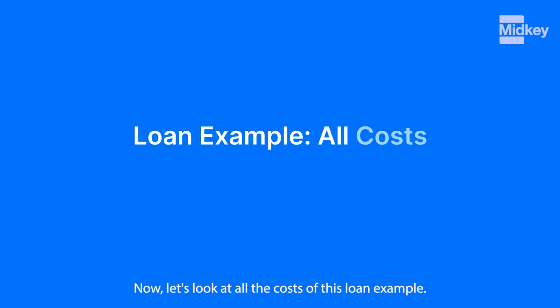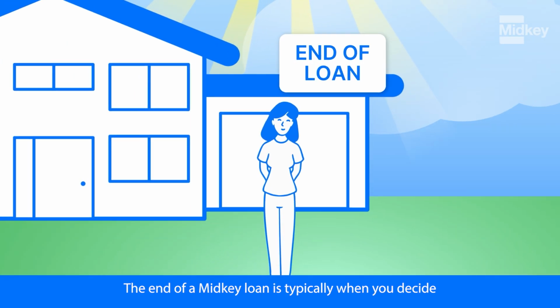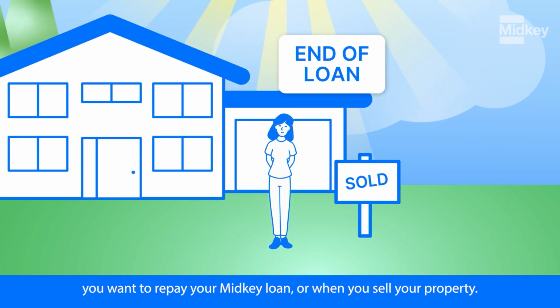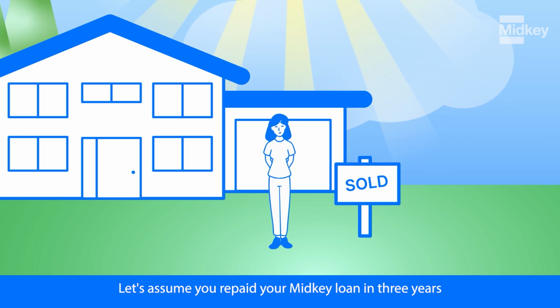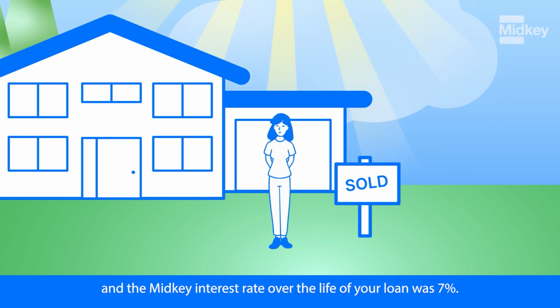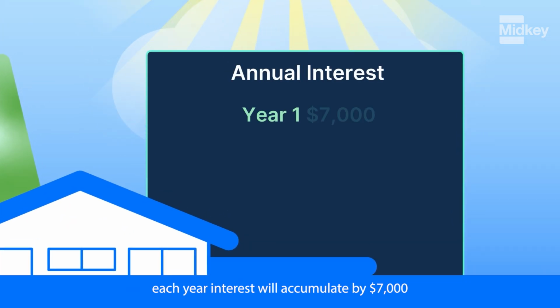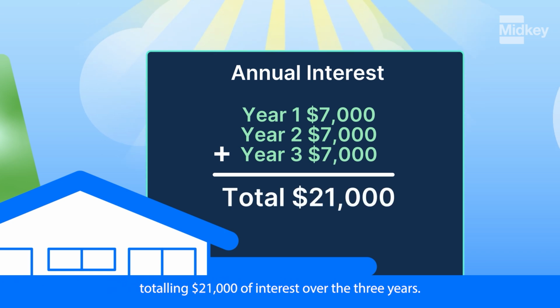Now, let's look at all the costs of this loan example. The end of a Midkey loan is typically when you decide you want to repay your Midkey loan or when you sell your property. Let's assume you repaid your Midkey loan in 3 years and the Midkey interest rate over the life of your loan was 7%. Because Midkey interest is simple interest, each year, interest will accumulate by $7,000, totaling $21,000 of interest over the 3 years.